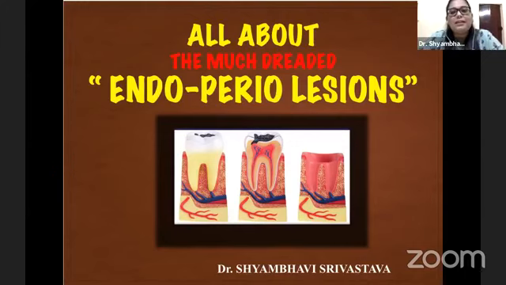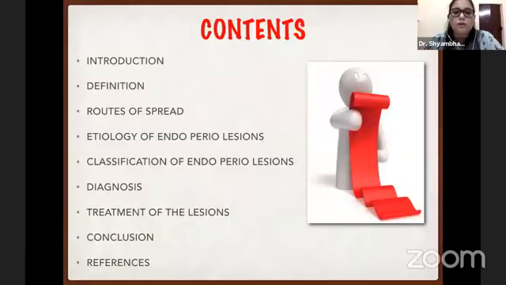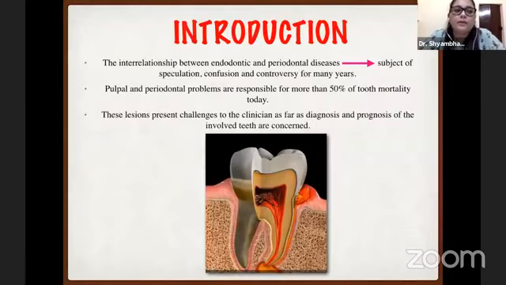So generally these lesions usually become a dreaded lesion when it comes to clinical practice, because more often than not, it is very difficult to diagnose whether a lesion is purely endodontic or purely periodontal or a combination of both. So in today's session, we'll be discussing the different types of endoperio lesions, the presentations, the diagnosis, and the various treatment options that can be used to treat a frank endoperio lesion. So to begin with, we'll begin with the introduction.